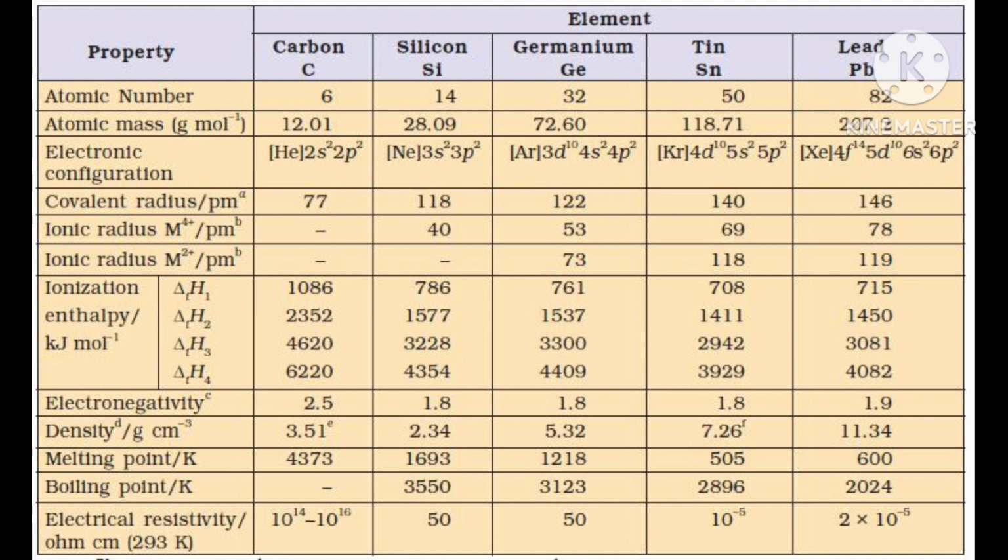Carbon compounds are covalent in nature. In heavier members, the tendency to show +2 oxidation state increases in the sequence germanium less than tin, tin less than lead, meaning lead has more tendency to show the +2 oxidation state.